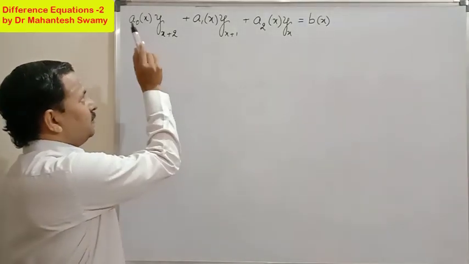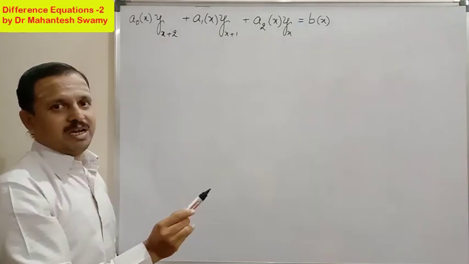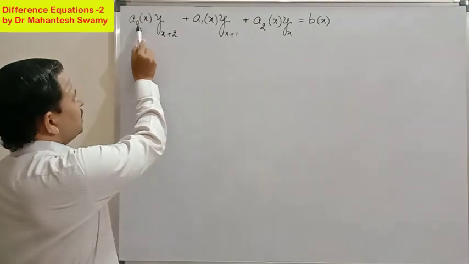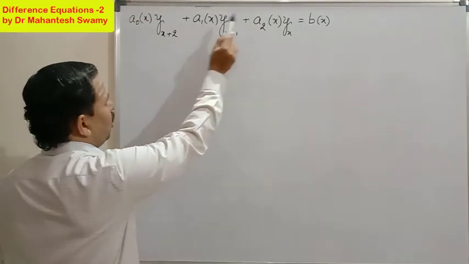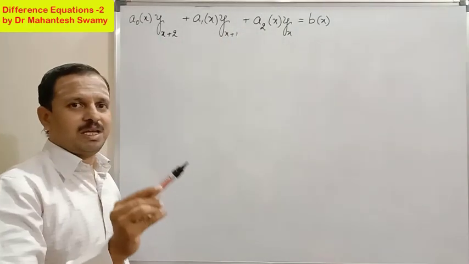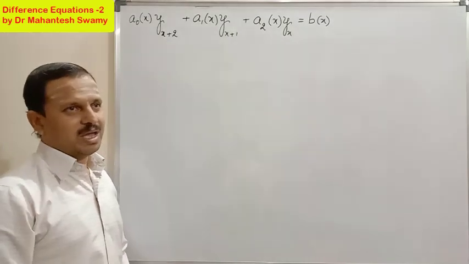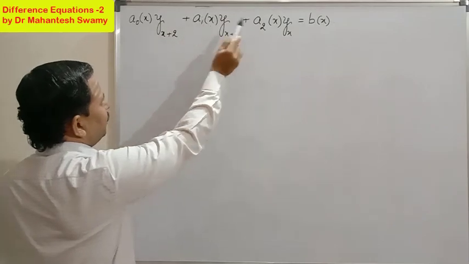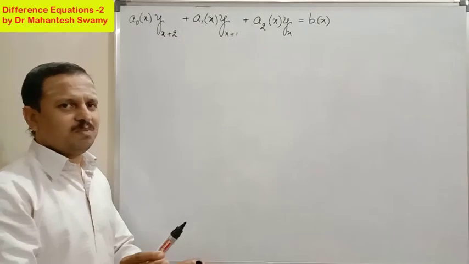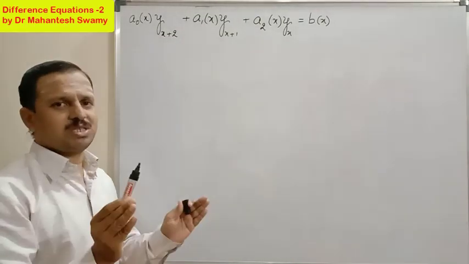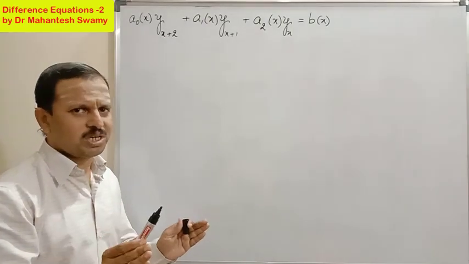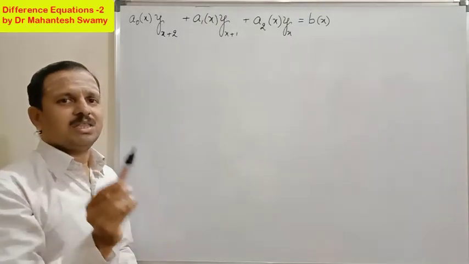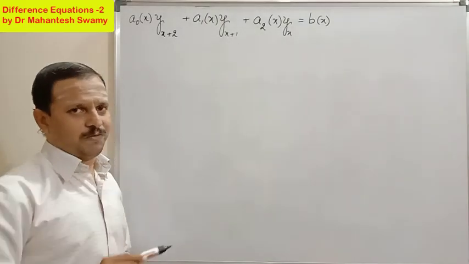So a difference equation of this kind is a second order difference equation, and the coefficients can either be constants or functions of x. If they are simple constants a0, a1, a2, the difference equation is called a difference equation with constant coefficients.